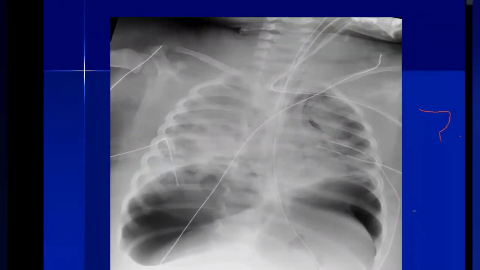Another patient who is chronically ventilated because of RDS. If you can see here, the patient has multiple tubes, and even developed subpulmonic pneumothorax. It's very important to identify subpulmonic pneumothorax. Despite the presence of a chest tube, as you can see here, it's not helping the patient get rid of this pneumothorax.